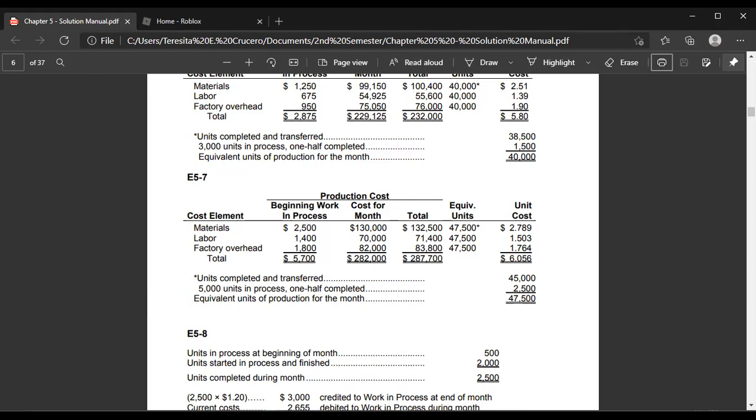Then we have now the cost for the month for materials 130,000, labor 70,000, factory overhead 82,000, the total cost of 282,000.